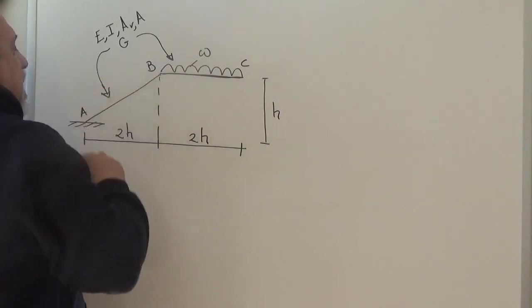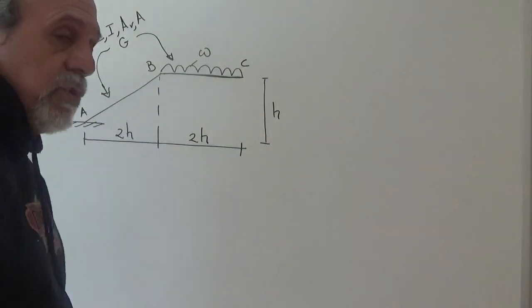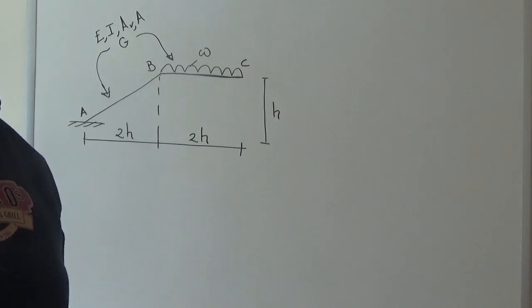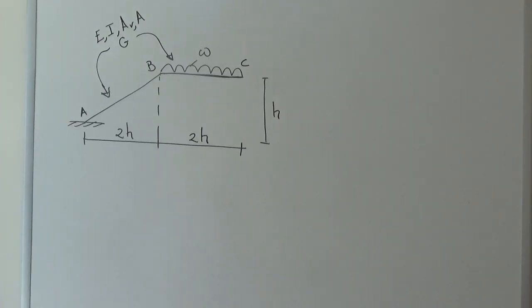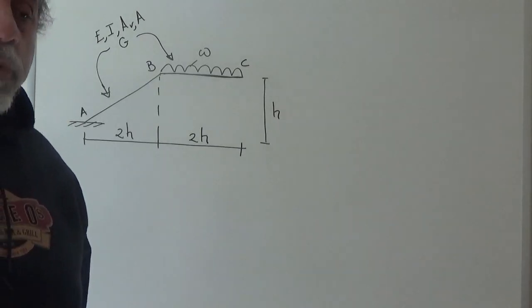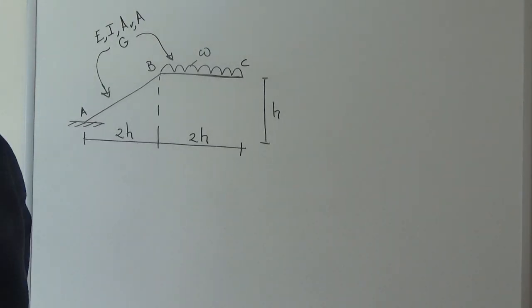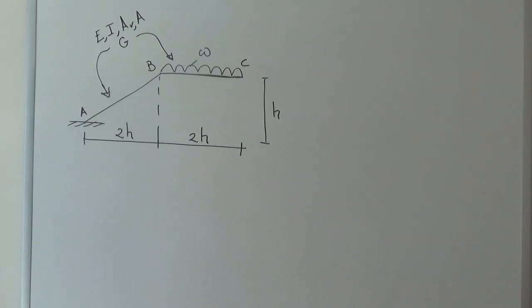By the way, I didn't mention when I was introducing the topic that I'm going to account in this case for all the effects, not just bending. We've seen that when we were doing a beam, bending was really sufficient because the only other contributor, which was shear, was very small, and so we can neglect it.